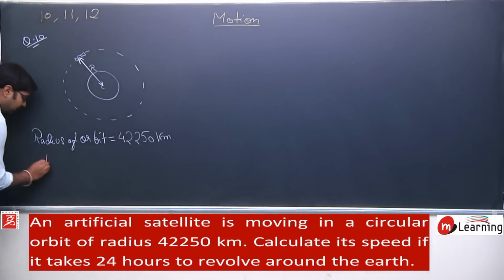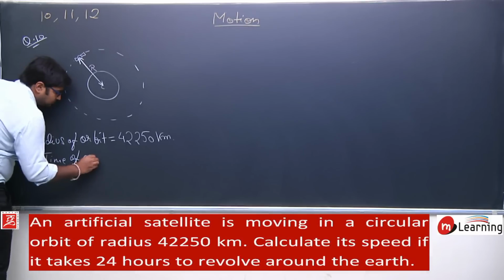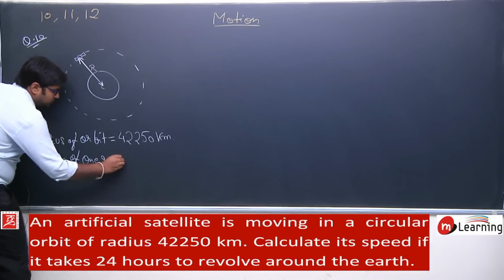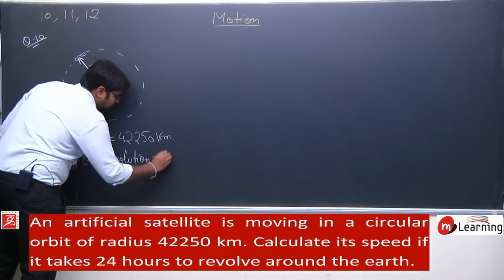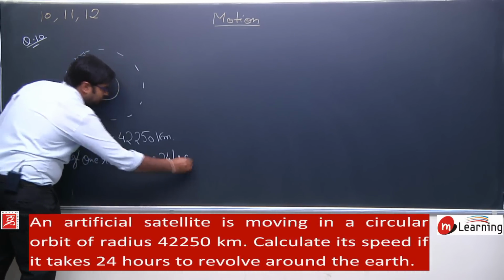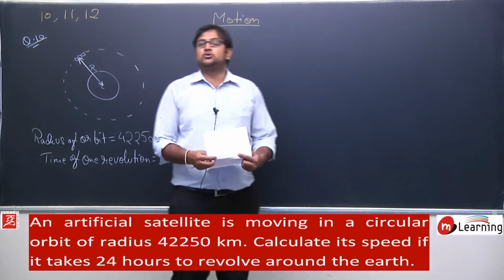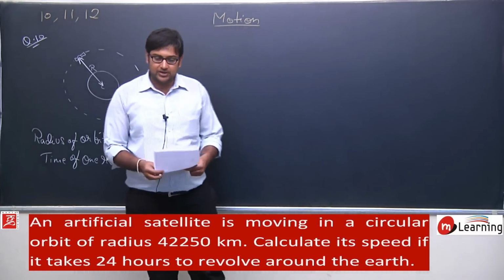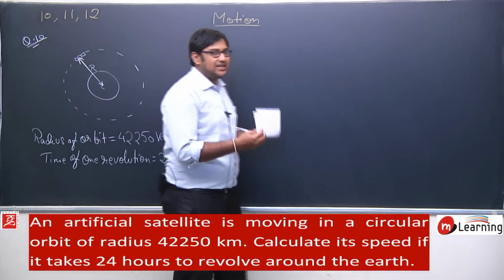So time of one revolution is 24 hours. The time of one revolution is equal to 24 hours. This is given to us. Now we have to find what is the speed of this satellite.